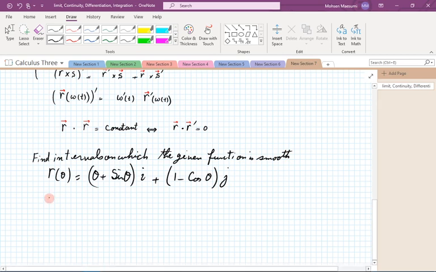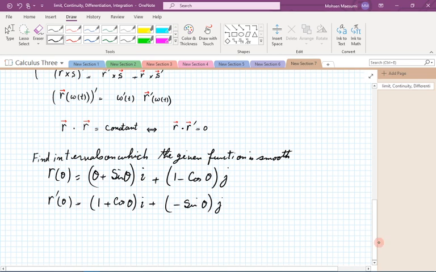Well, we have to find r prime. The differentiation is straightforward: 1 plus cosine of theta times i. The derivative of this one is minus sine of theta times j.